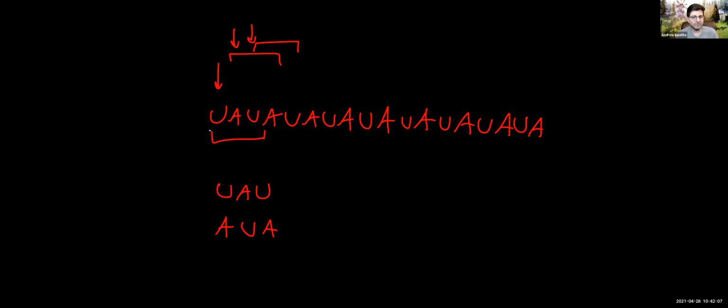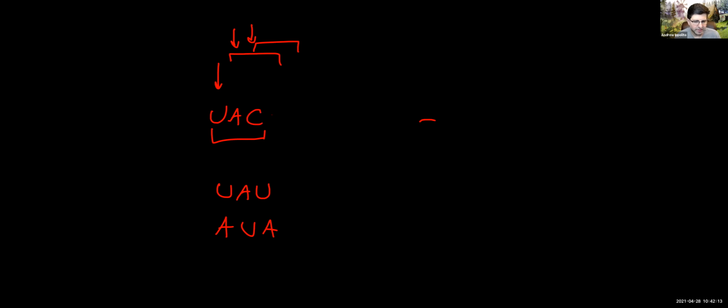Okay, so this actually isn't the best example of giving you all the reading frames. So let me just add a third letter here. Let's say C. All right, so let's say UAC, UAC, UAC, UAC, UAC. Okay, so we start reading here, right? We get UAC.